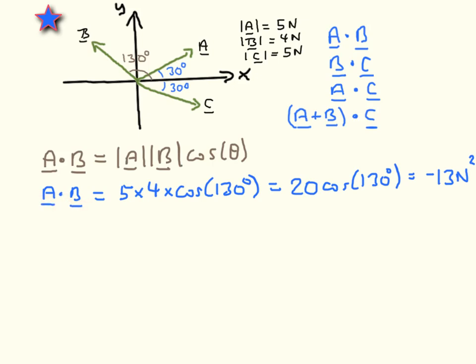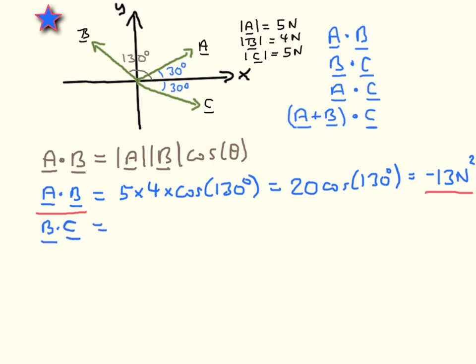So that's our first answer, that the scalar product of A and B is minus 13 newtons squared to two significant figures. And now we can just repeat this for the scalar product of B and C.